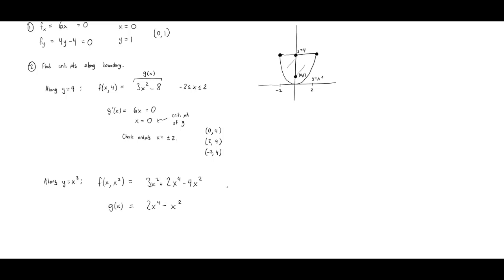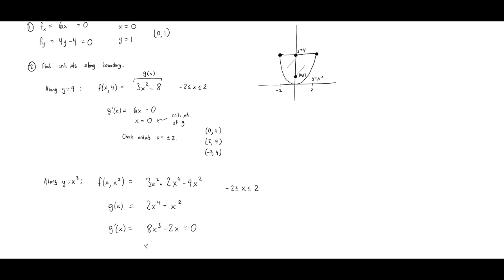Again, I'll just note that x is restricted between minus 2 and 2. So that's what my function looks like along the parabola. Now I want to find where it might have a max or a min, so I'm going to get the derivative. Set it equal to 0.